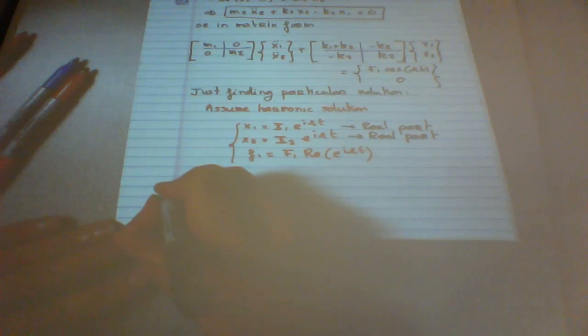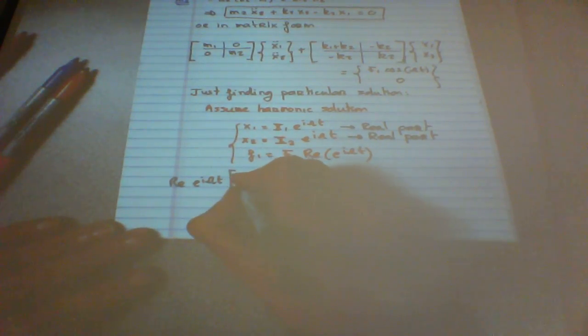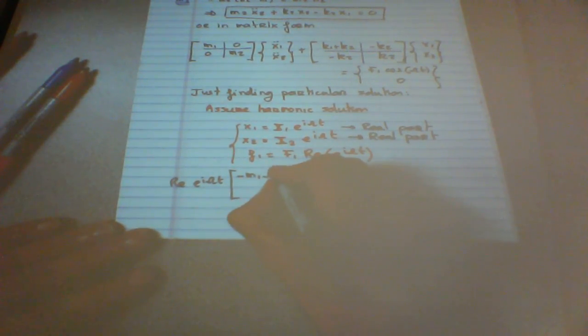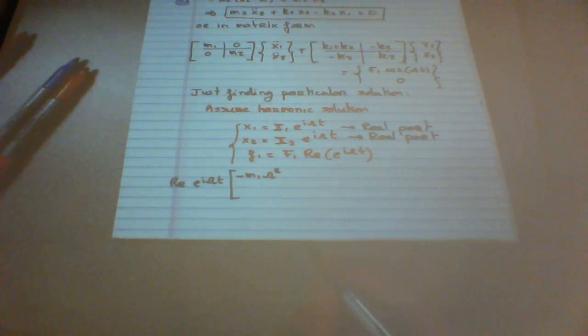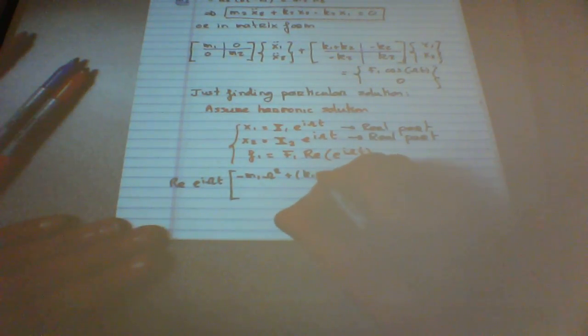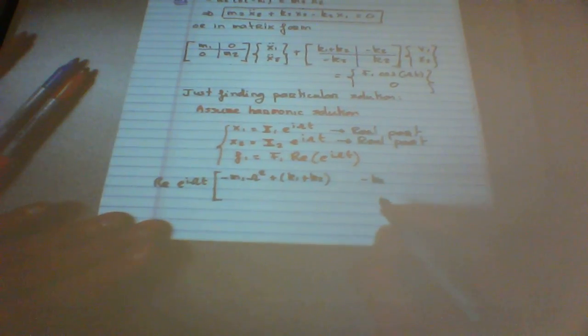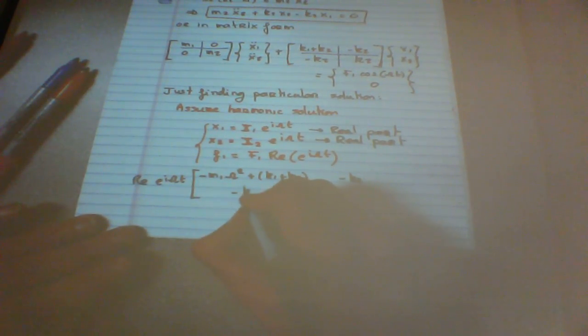What are we going to get? The real part of e to the i omega t times the matrix: minus M1 omega squared plus K1 plus K2, minus K2; minus K2, minus M2 omega squared plus K2.